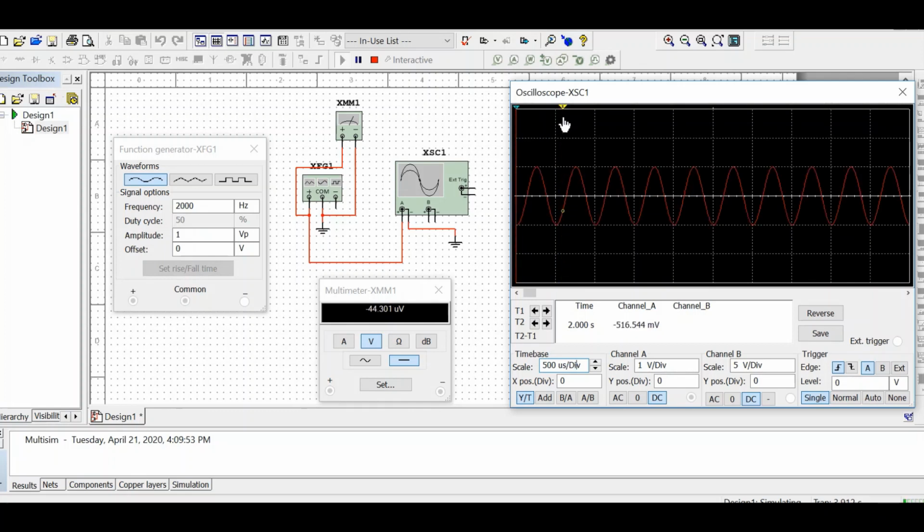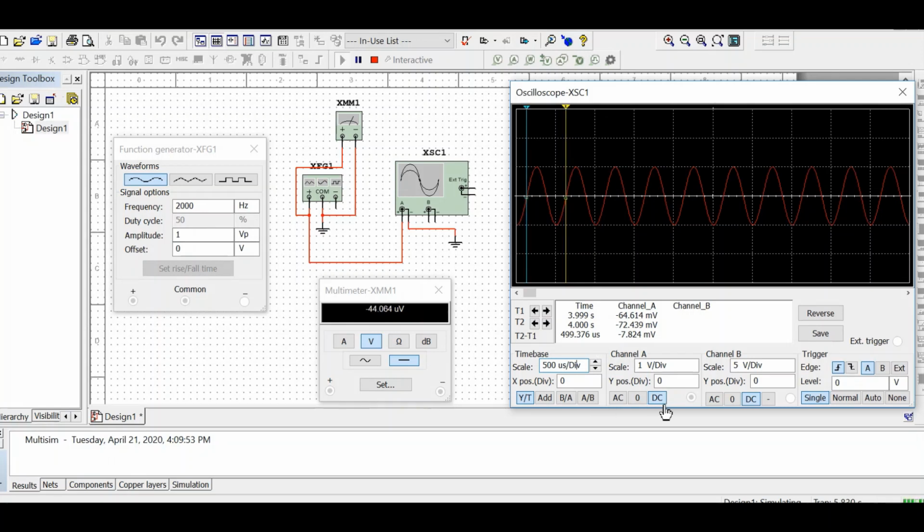If I want to calculate one period, I can place one cursor here and the other here, and the difference is almost 500. It's 499, which is almost 500 microseconds, since I set the frequency to 2 kHz.